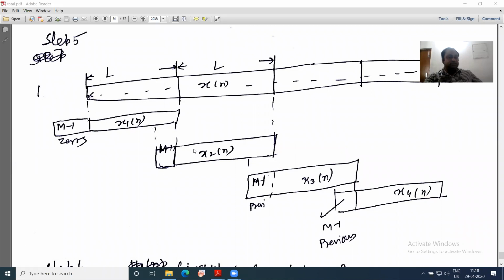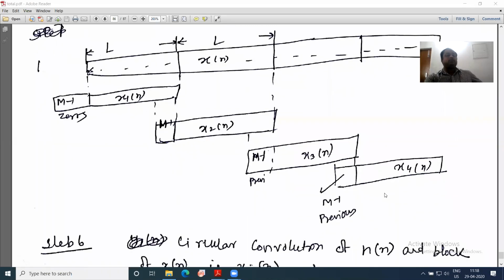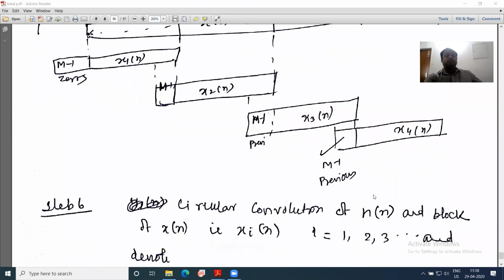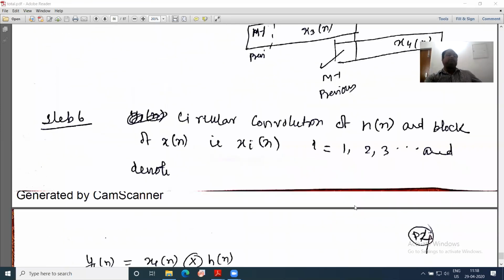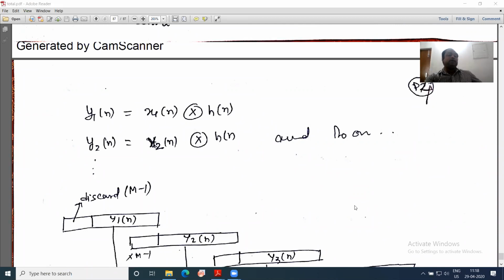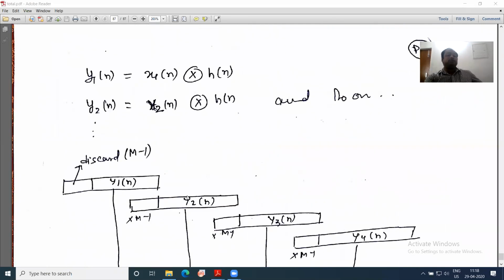Now, for each section, I have to find the circular convolution with Hn. Once you find the circular convolution, I will have y1, y2, y3, y4 of n. In each y block, I have to discard the first M minus 1 data, then again from the next block the first M minus 1 data, and again from the next block.